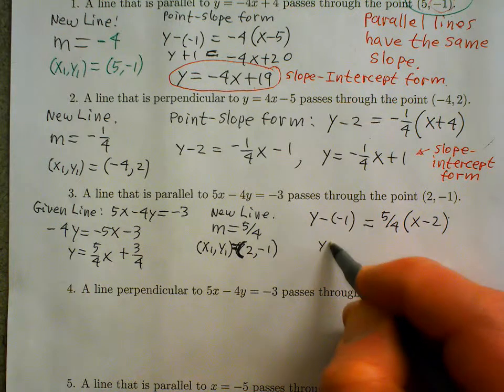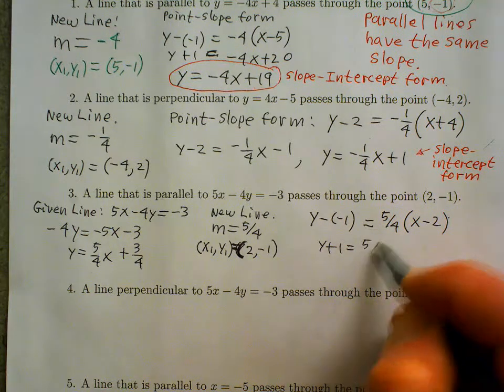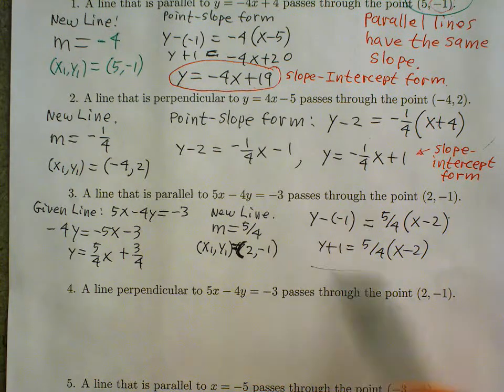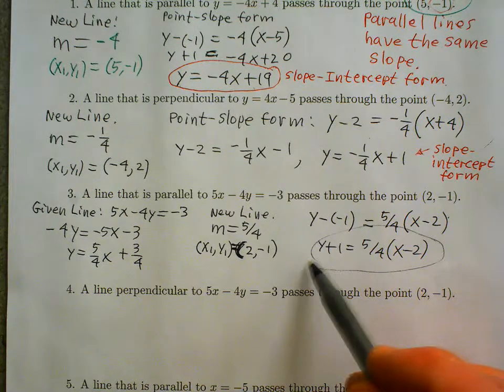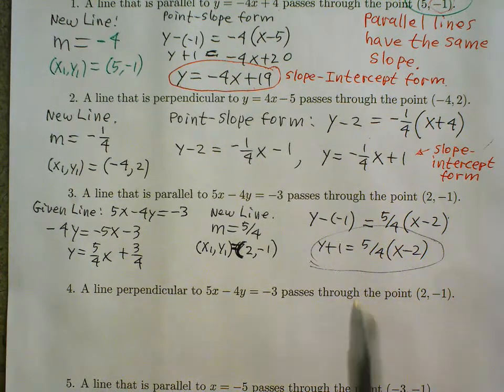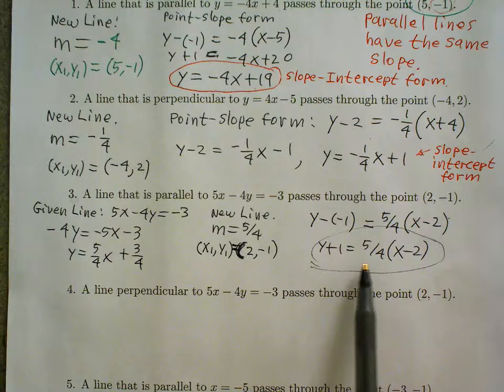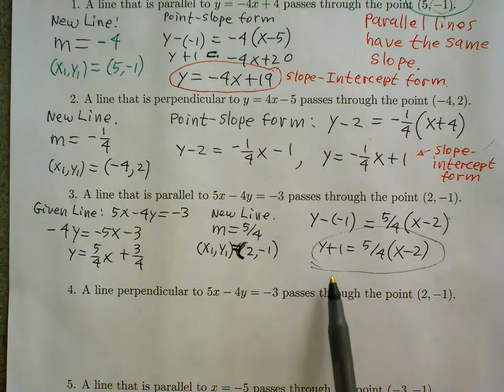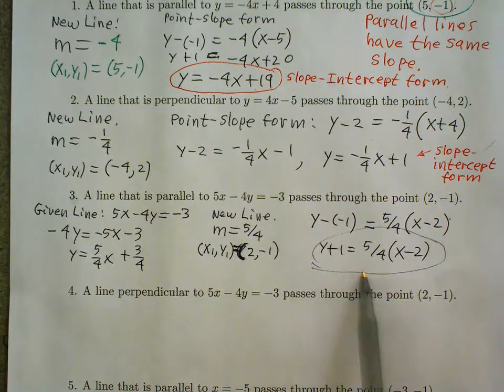Or y plus 1 equals 5/4 times x minus 2. Okay, this is the point slope form. That's a perfectly fine form. If you're required to write it in slope-intercept form, then you have a couple more steps in order to get it into y equals mx plus b.